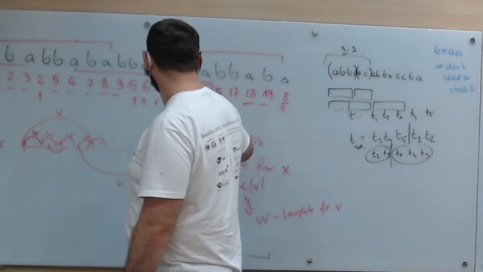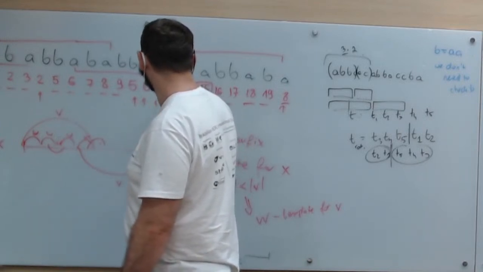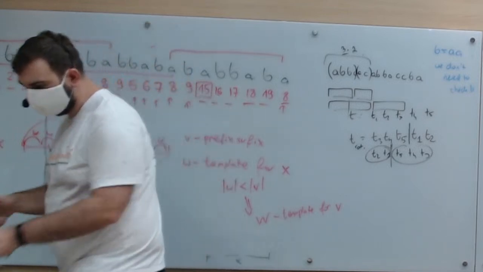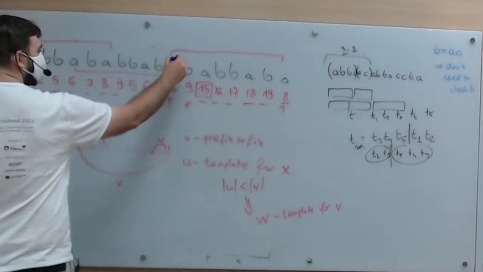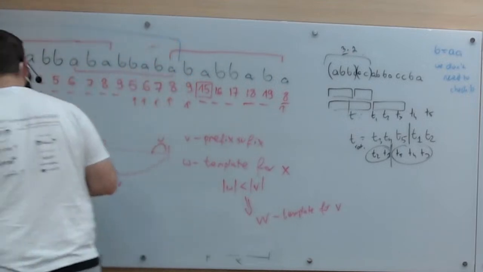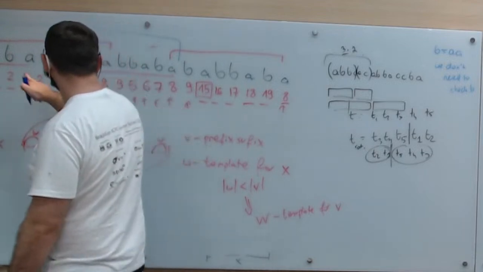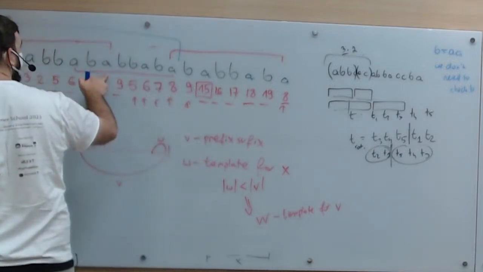And vice versa, if I have a prefix suffix that has a template, so for example, let's look at this word, something like this. So I look at some prefix suffix of this, which is ABA, BB, ABA.